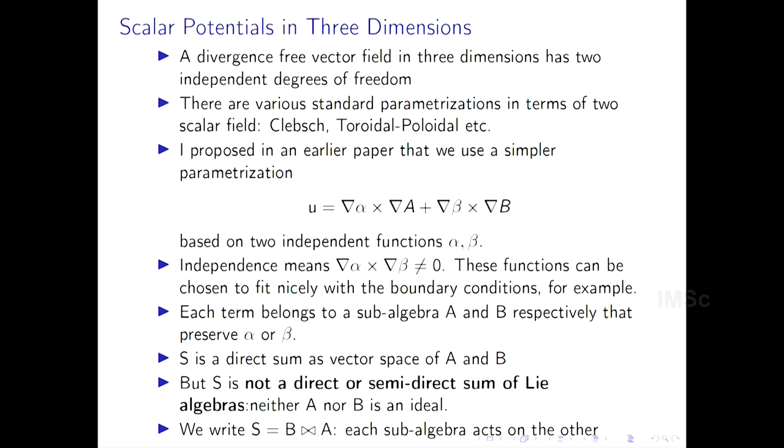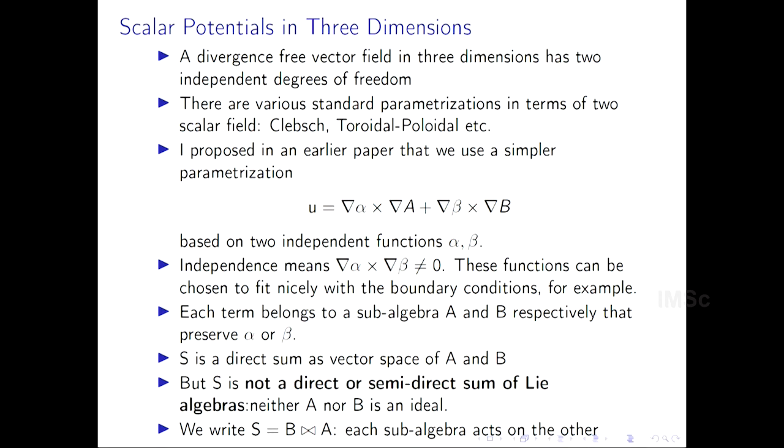Every vector field which is incompressible can be decomposed in this way. Now I'm cheating a little bit because there are a finite number of degrees of freedom associated with non-trivial cohomology. If the space we are talking about is not simply connected, there are some harmonic things you can add. I'm ignoring that, except for that. So every vector field can be decomposed in this way.